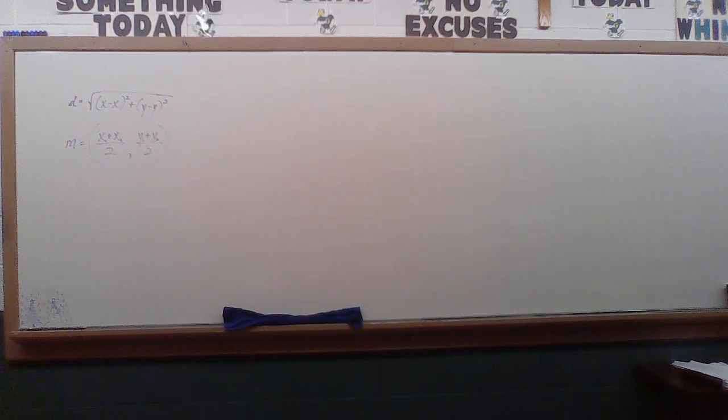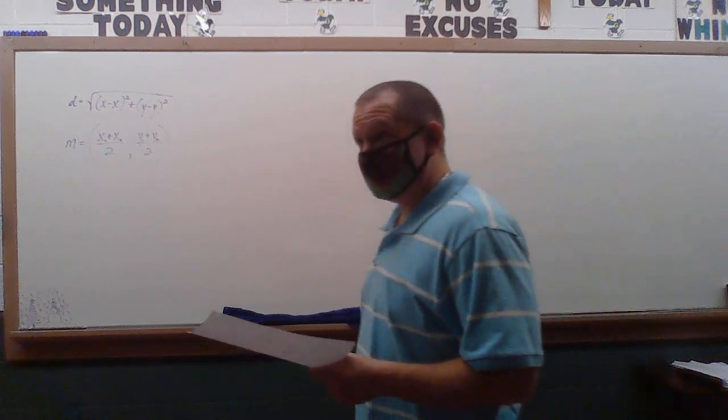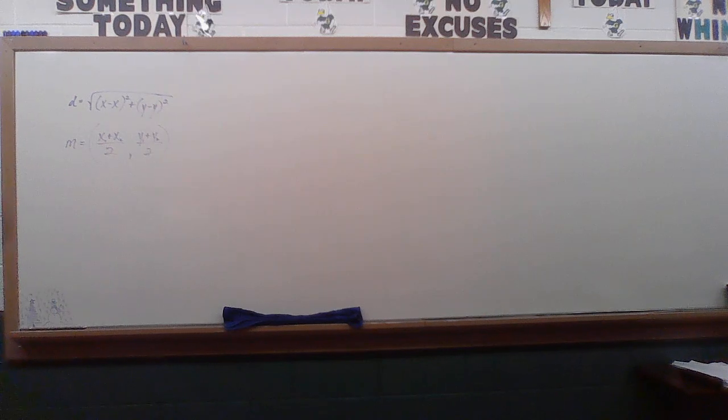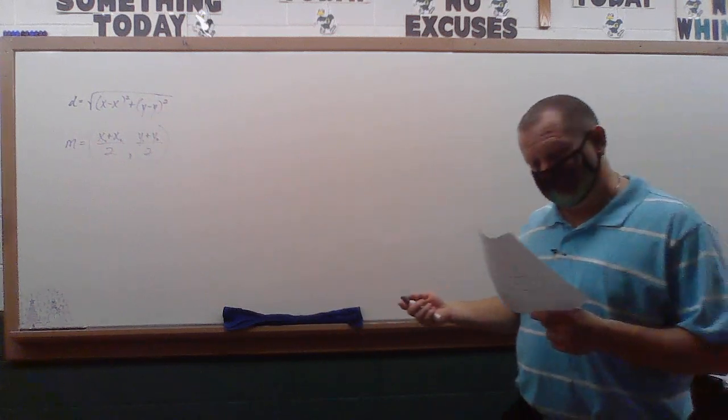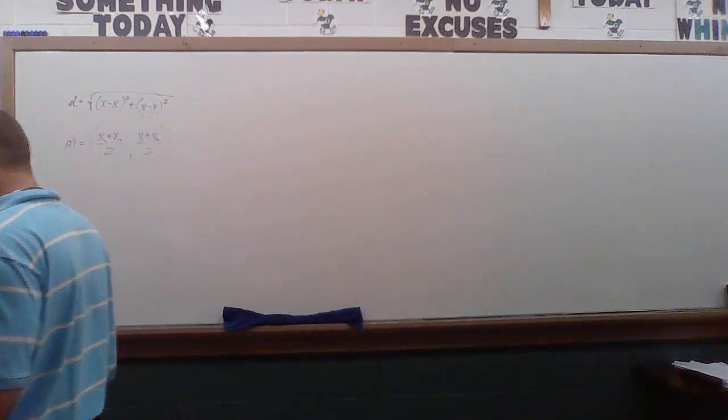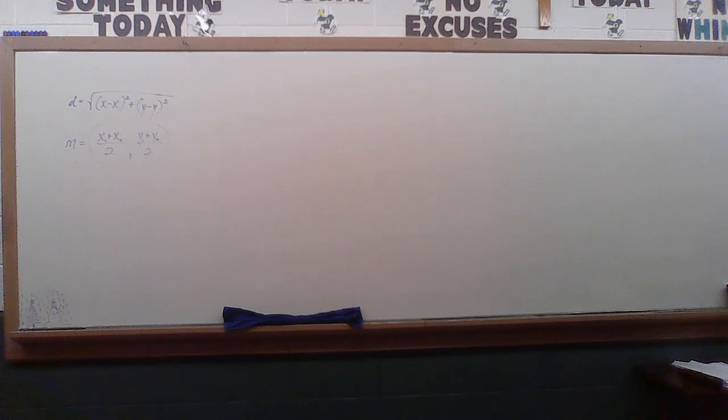What did the converse mean? You flip them, right? The hypothesis and the conclusion. What's the hypothesis? After what? If, right? The conclusion is after then. So I just flip-flop them. And then I answer the question again. So what would the converse be? If the lines are perpendicular, then two lines intersect and form 90 degrees.